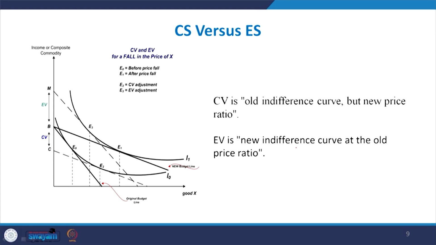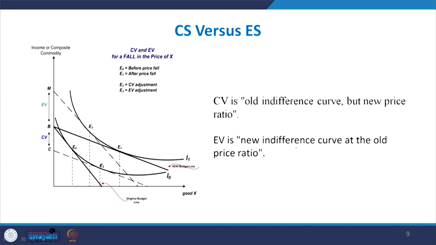In this graph the point is E2, from E0 to E2 on the same indifference curve, the consumer is moving from E0 to E2. So, compensated variation is BC. You can compare it with the previous graph, you will see exactly the same thing.